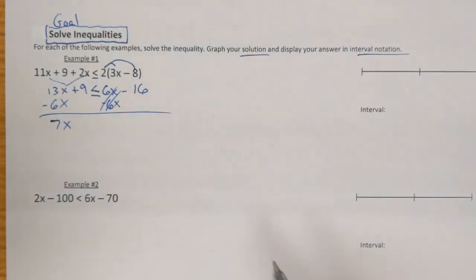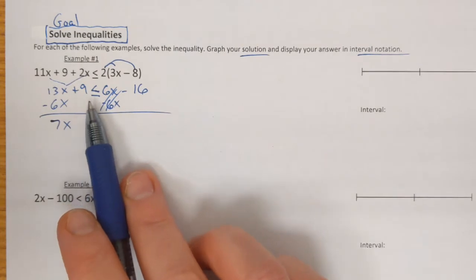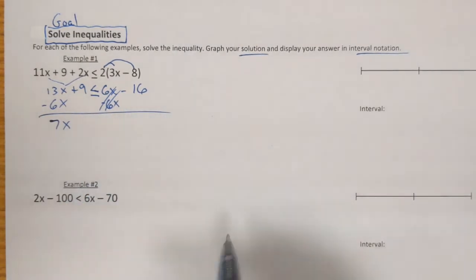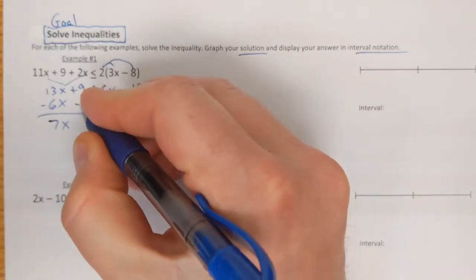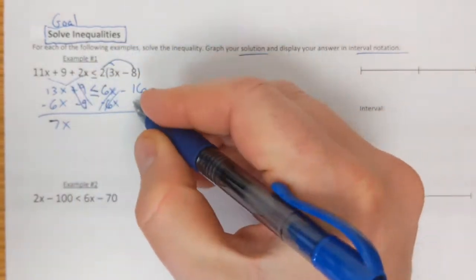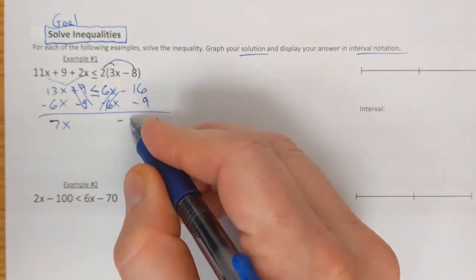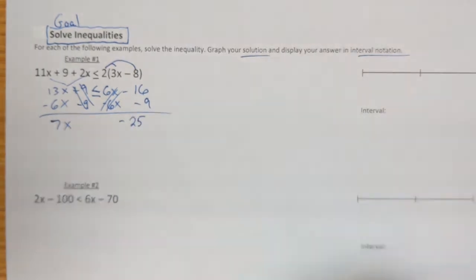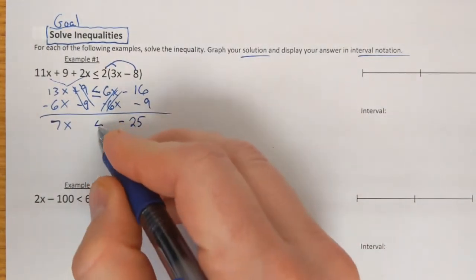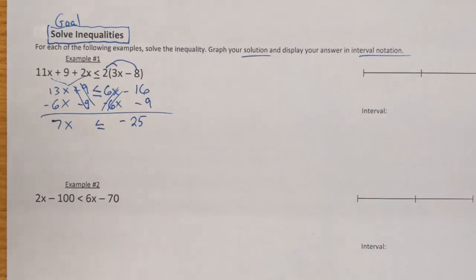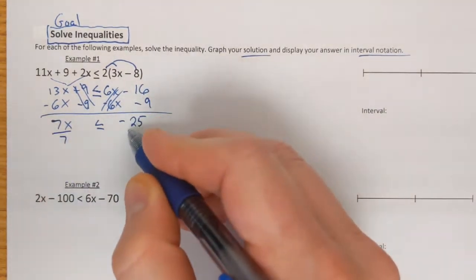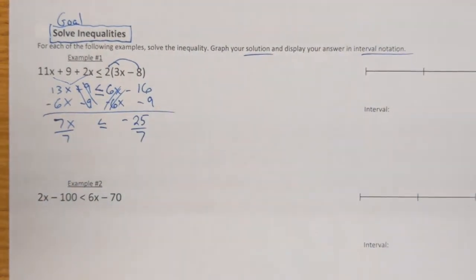Likewise, my constant terms, the 9 and the negative 16, are separated by the inequality, so I'm going to subtract the 9 over to the right-hand side. That makes this a negative 25. And then my final step, I'm going to divide both sides by 7.